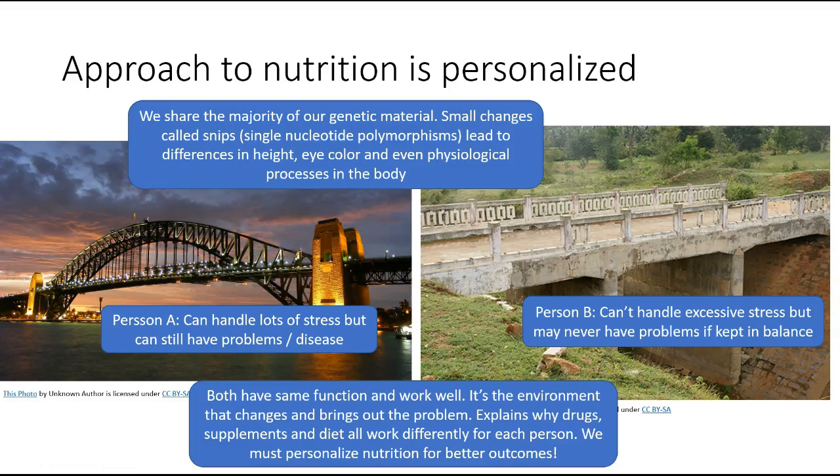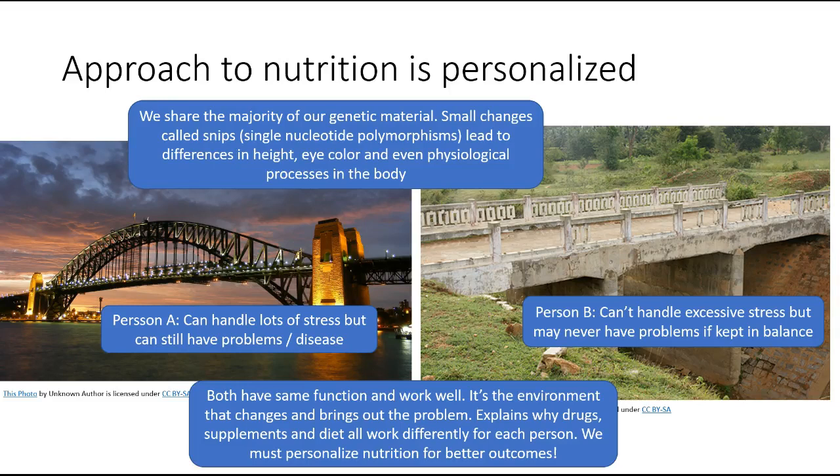So if you were thinking of a health condition like diabetes or weight loss, then you could think of this person, for example, both would be able to handle normal amounts of sugar or low amounts of sugar, but when there's a certain amount that's being added, this one would fail first. So what's really important to understand is just because you may be this person and have those underlying genes that may confer some sort of a weakness, it does not necessarily mean you will end up with the health condition.